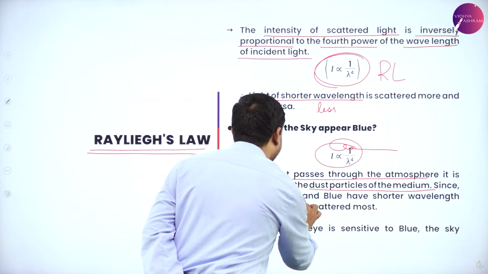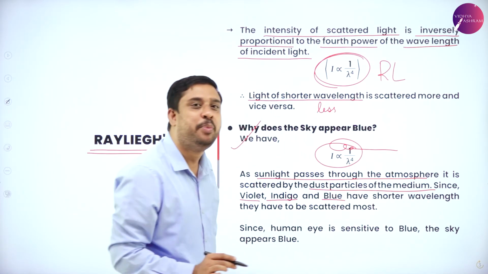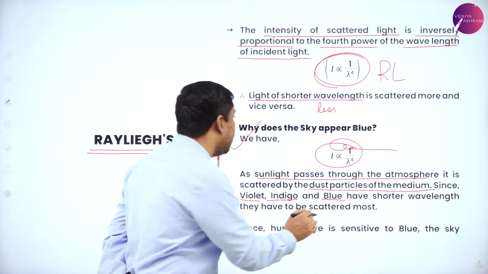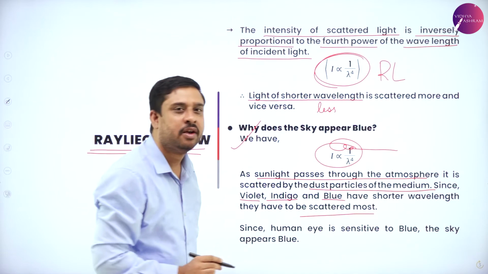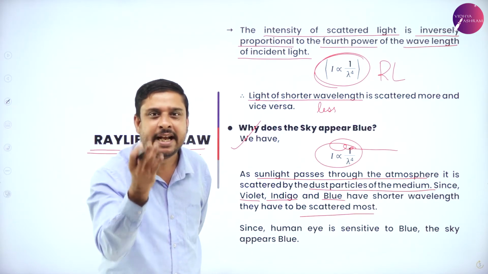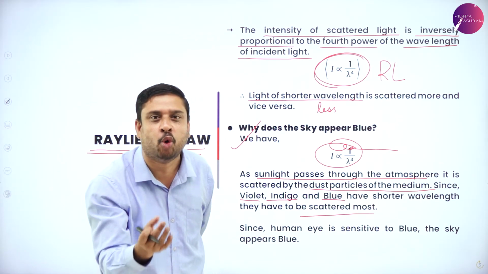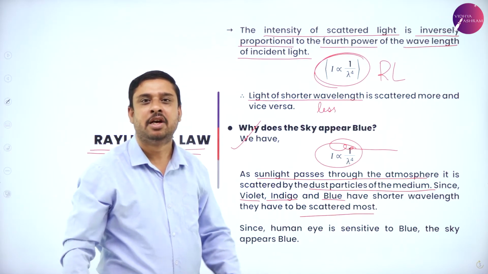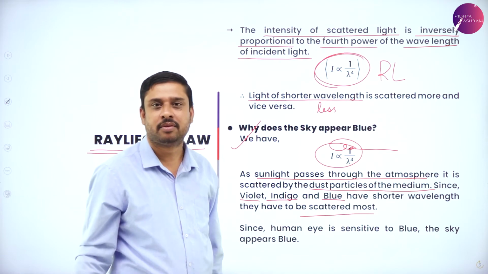violet, indigo, and blue have less wavelength, shorter wavelength, and they are scattered most. Which are they? Violet, indigo, and blue. They are less in wavelength, shorter in wavelength. So scattering is more.